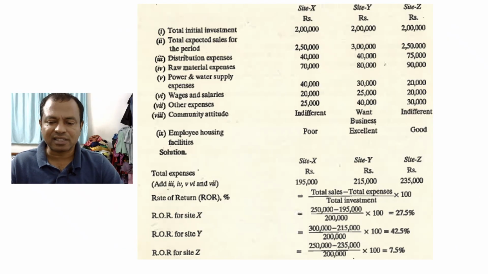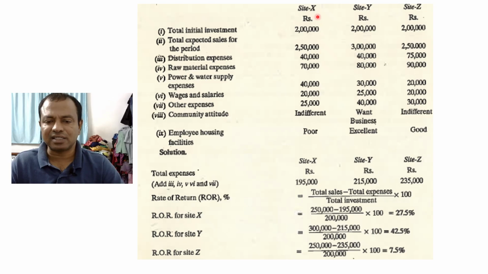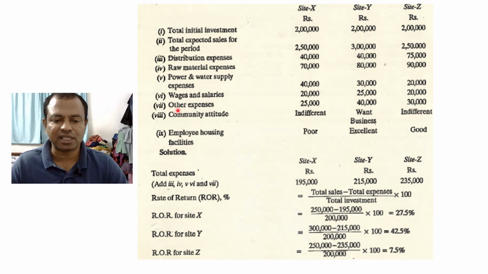Then another example is shown here. In this example, three sites are there: sites X, Y and Z. So total initial investment, total expected sales, distribution expenses, raw material expenses, power and water supply expenses, wages and other expenses are shown here.